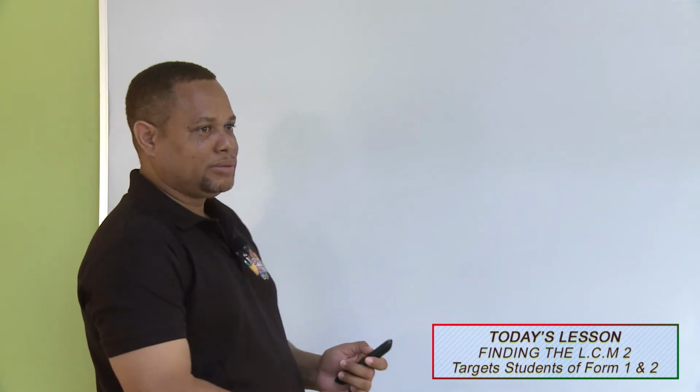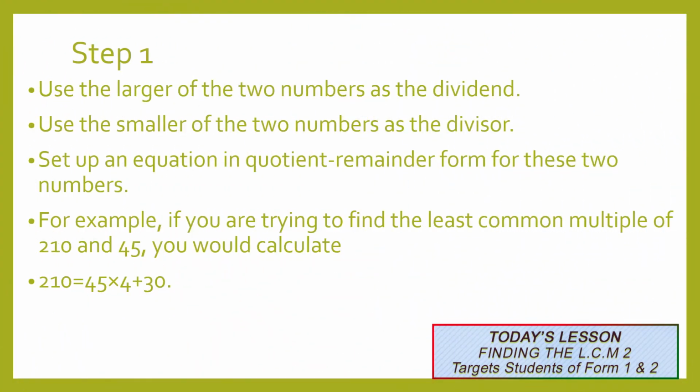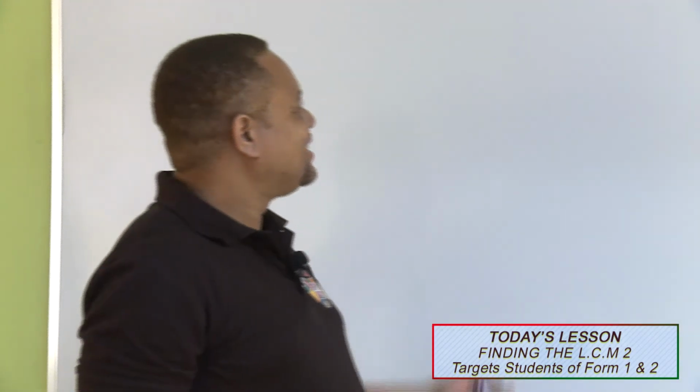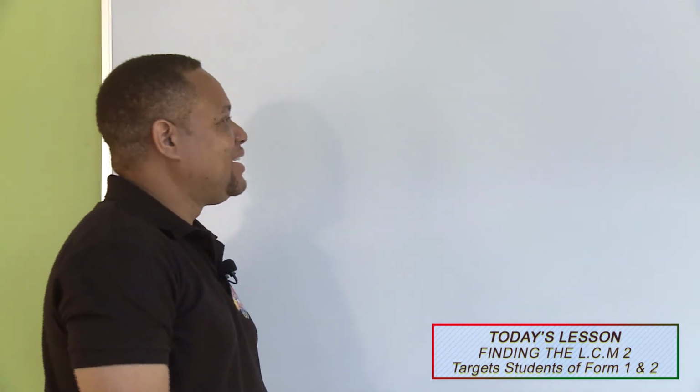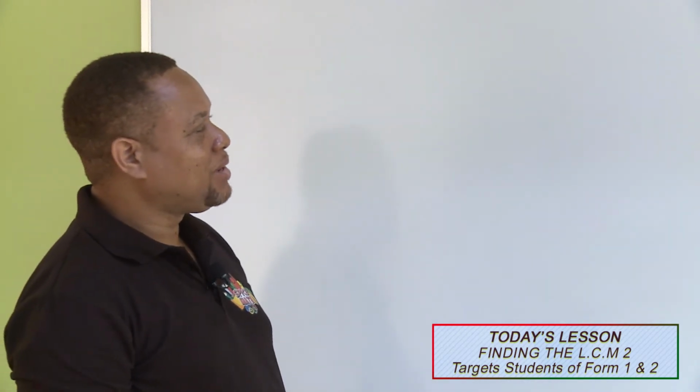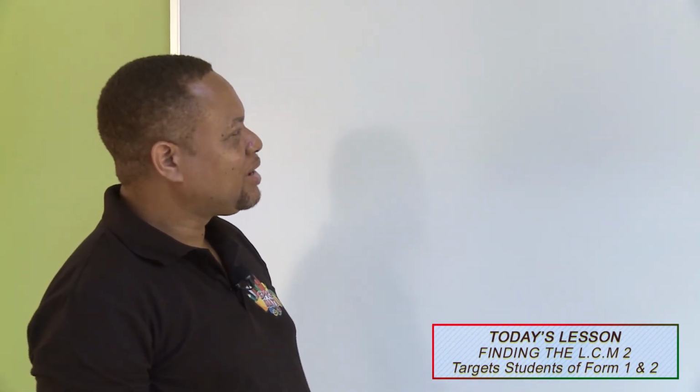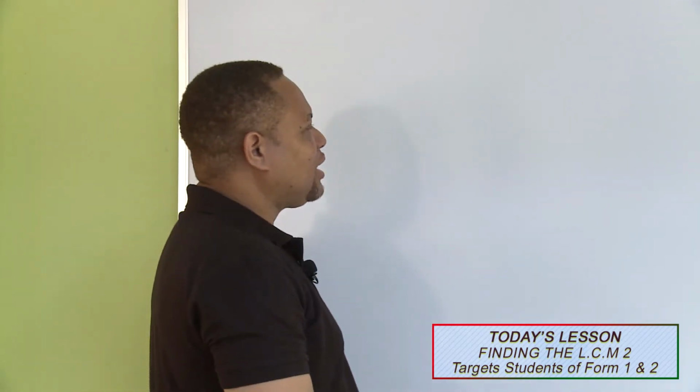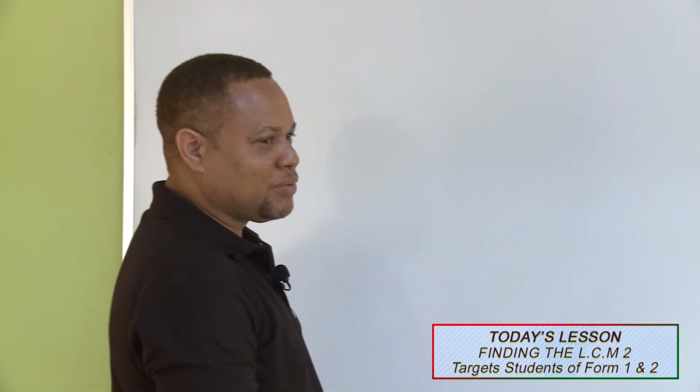So let's get into an example. In step 1, you use the larger of the two numbers as the dividend. You also use the smaller of the two numbers as the divisor. You set up the equation in quotient remainder form for these two numbers. For example, let's find the LCM of 210 and 45. As we can see, they're two pretty big numbers, and it may be a little long trying to use some of the other methods we've used so far.